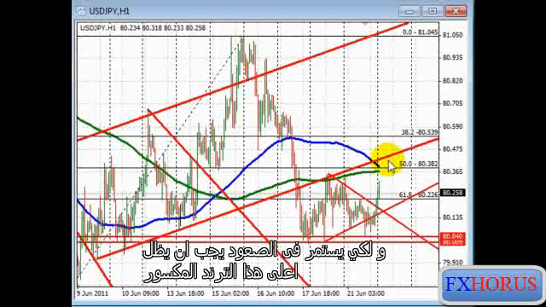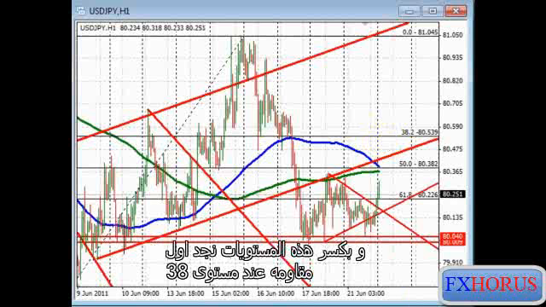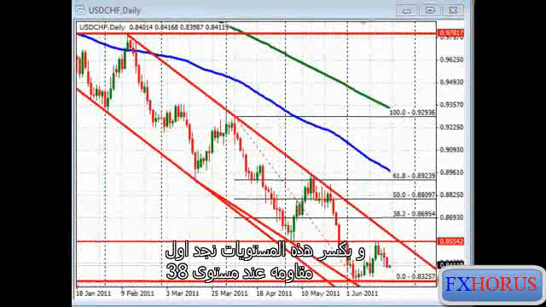Traders who want to potentially trade a breakout to the upside, and we are seeing a break and a move above this trend line, would have risk if the market could not sustain the move above this trend line, and reward would be confirmed on a further move through the 100, 200, and 50% retracement, which would target other levels to the upside here for the dollar versus yen.